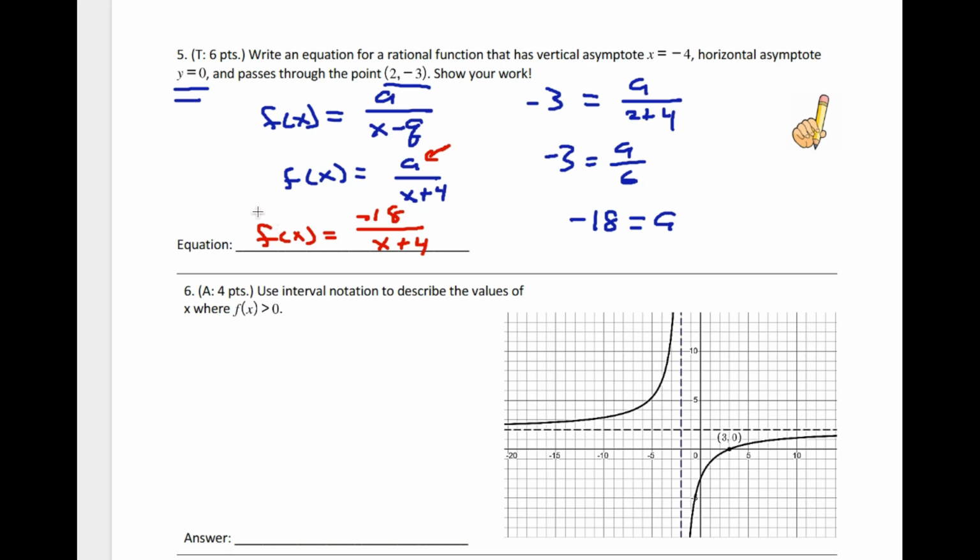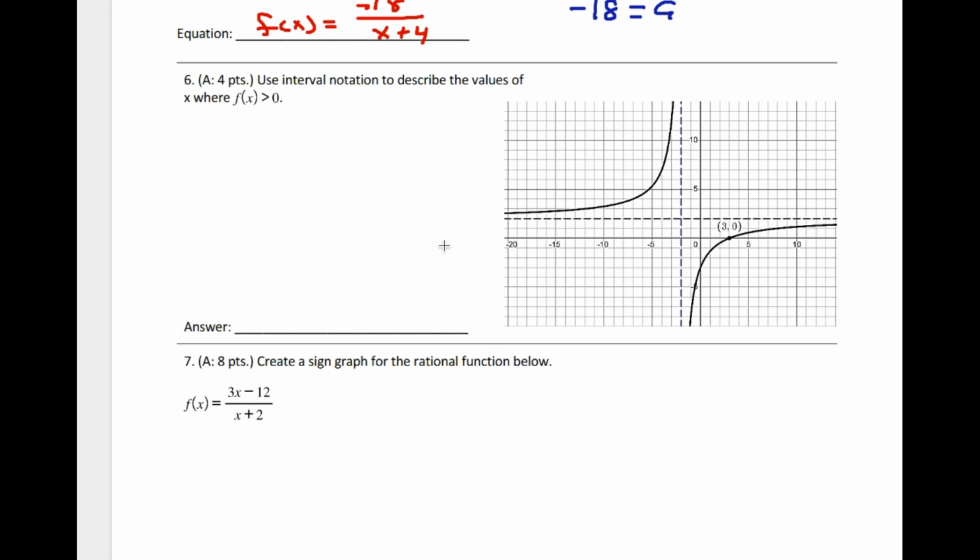All right, we have just 2 problems left. This problem, we're given a graph, and we just want to know what are the values of x where the function's greater than 0. So we want to know where is it above the x-axis. Well, this whole piece is above the x-axis, so from negative infinity up to this asymptote, which is at negative 4, the function is above the x-axis, so from minus infinity to negative 4.